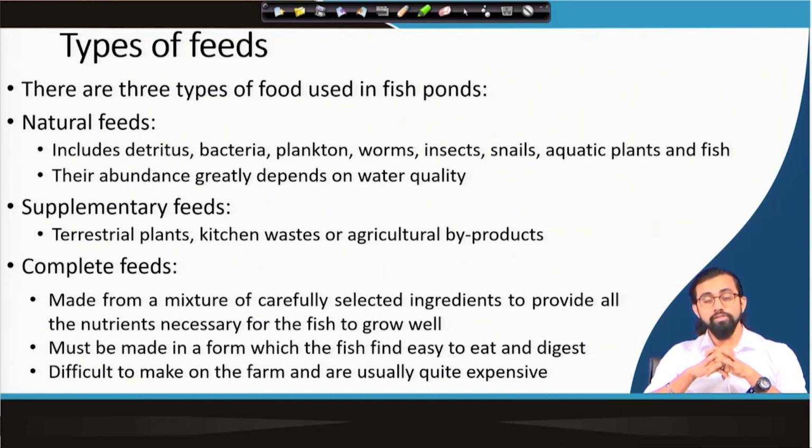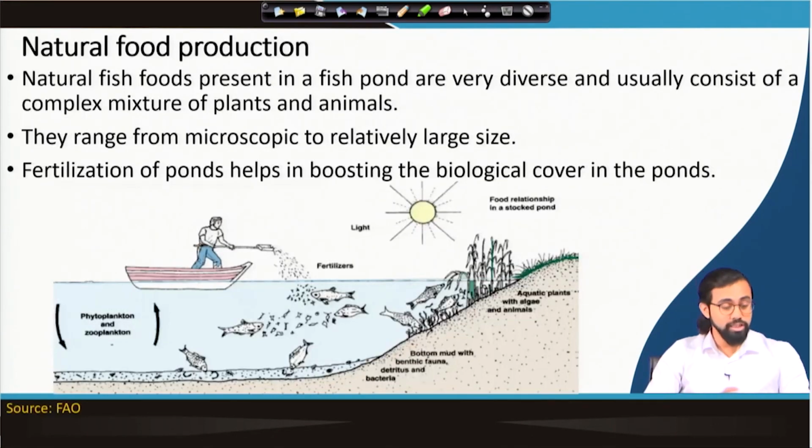You cannot have a fish feed which is not sufficient, which doesn't have ingredients good enough for them, because unless they have it, they will die, and it doesn't make sense to provide that kind of thing. So the feed must be in a form that the fish find easy to eat and digest, which is difficult to make, and this form is sometimes quite expensive in general.